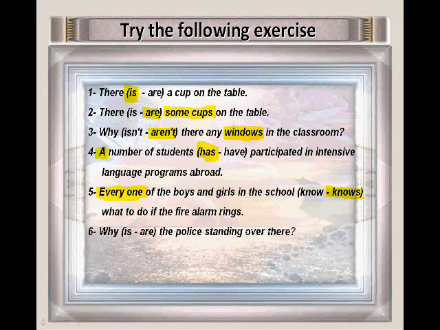Number 6. Why is or are the police standing over there? Again, let's have a look at the subject, and my subject here is police. Okay, is police singular or plural? Remember when we talked about nouns which have lots of people, like team and so on. So here police is the same.